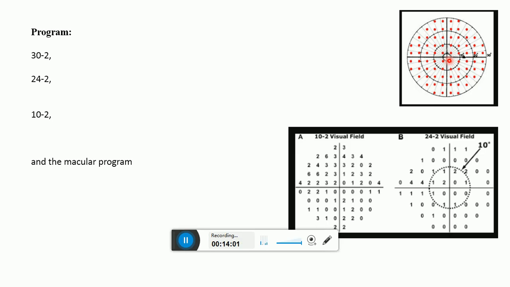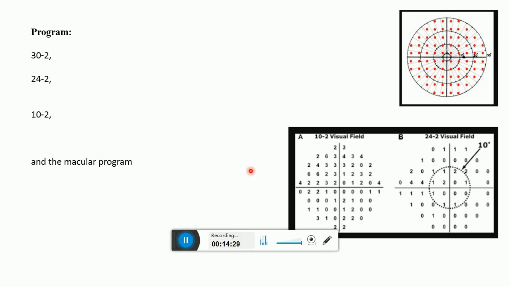The digit 2 in this test denotes that the points are not located exactly on the vertical or horizontal midline. Points are located at the midline in the 31 test in the HFA1 machine.